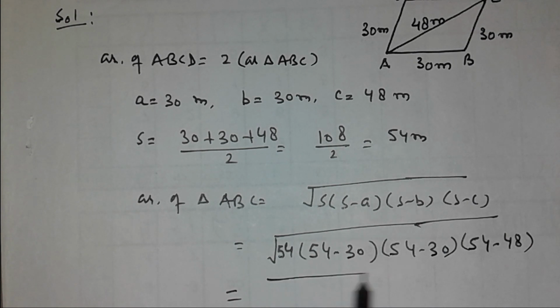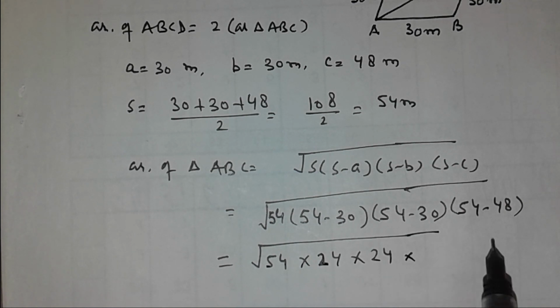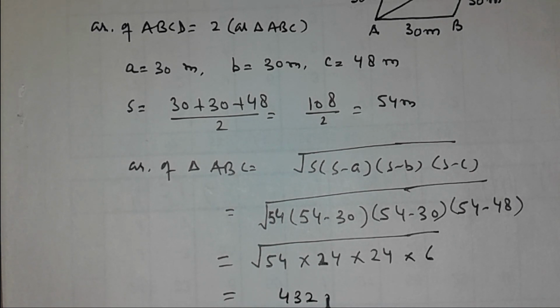So what you get here, 54 and then 24 into 24 into, that is 6. Now they are already made pairs here. So if you make the pairs and solve it, you will get 432 meters square is the area of this triangle.